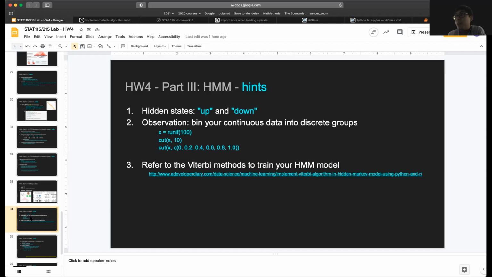Just in case some of you haven't used cut before, imagine you have this X, you can generate a random uniform array from 0 to 1, where you draw 100 samples. And now you can use this function cut to say, I want to cut this into 10 different bins. So it would generate a categorical array saying which class your sample belongs to.